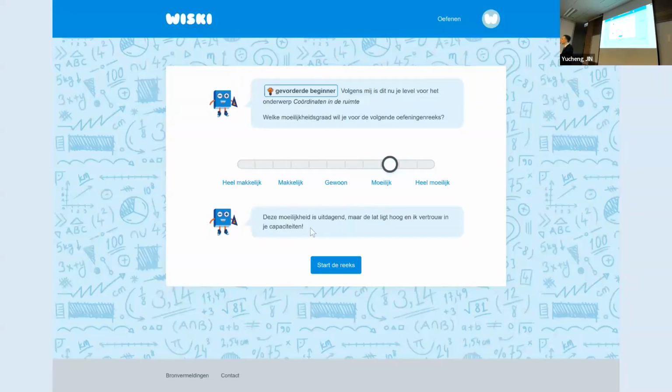Because that's pretty important in education, right? And so this was just a sentence that says, hey, we believe that you have the capacities to solve this exercise. If it was too hard, then it said a warning, like, hey, don't make it too hard on yourself. If you really want to try it, then go ahead. But know that we think it's probably a bit challenging.